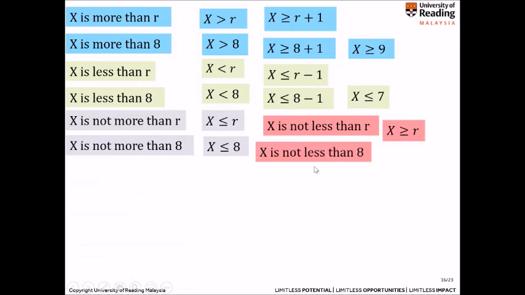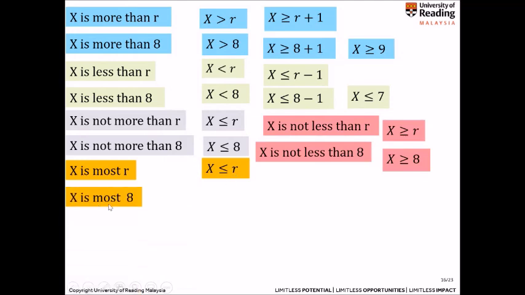For example, x is not less than 8, so your x is greater or equal to 8. X is at most r, meaning x is less than or equal to r. So x is at most 8, meaning x is less than or equal to 8.